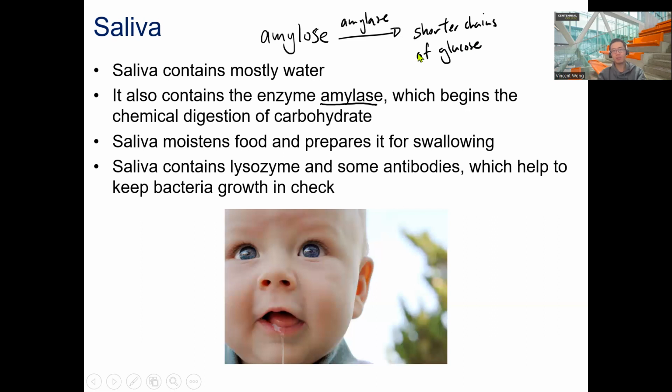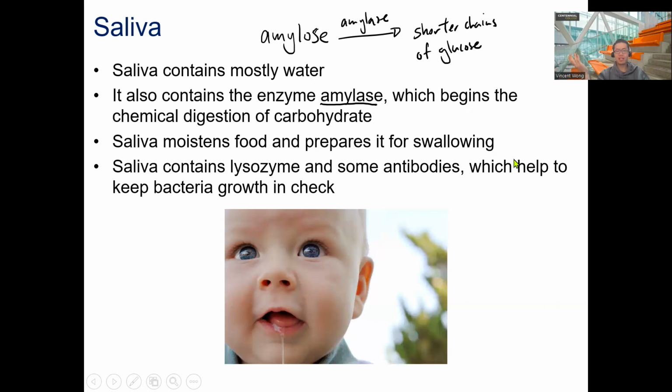When you have that in your mouth, you start tasting the sweetness. Usually we don't keep the food in the mouth long enough to detect it. Once the amylase gets mixed in with the food and you swallow it, it will continue its action. Saliva is also important for moistening the food and preparing it for swallowing.